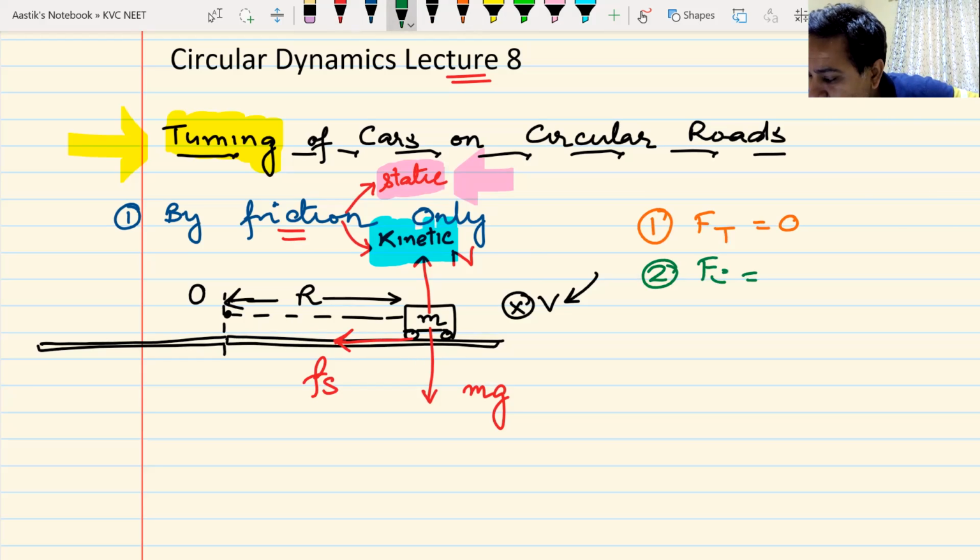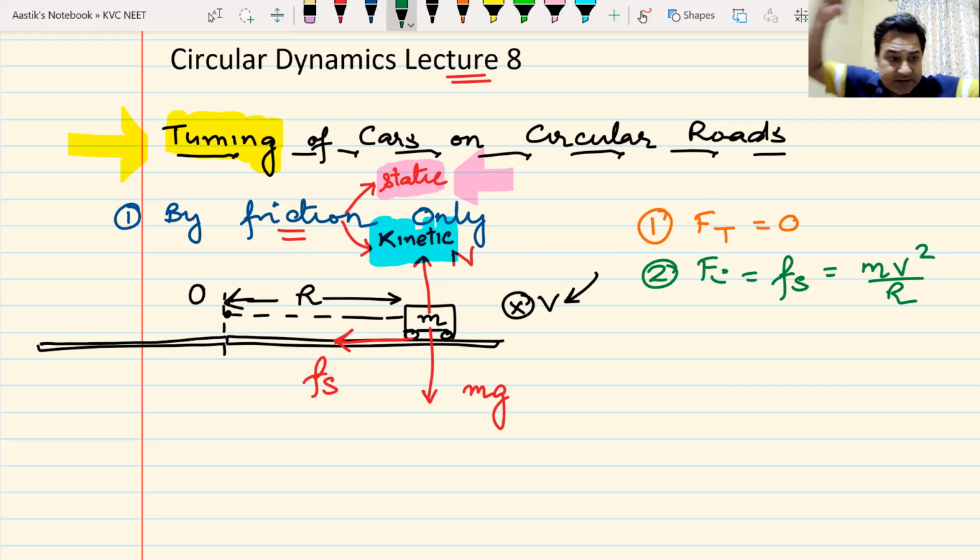Now, who is giving me the FC? It is equal to Fs, where Fs is your static friction, and that must be equal to mv squared by r. Do we all agree on this? Can I have some raised hands that we agree on this? We agree on equation number 2.